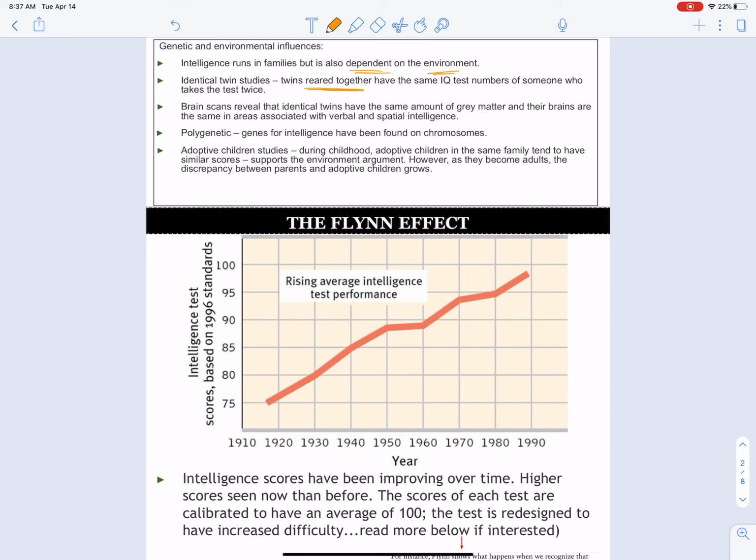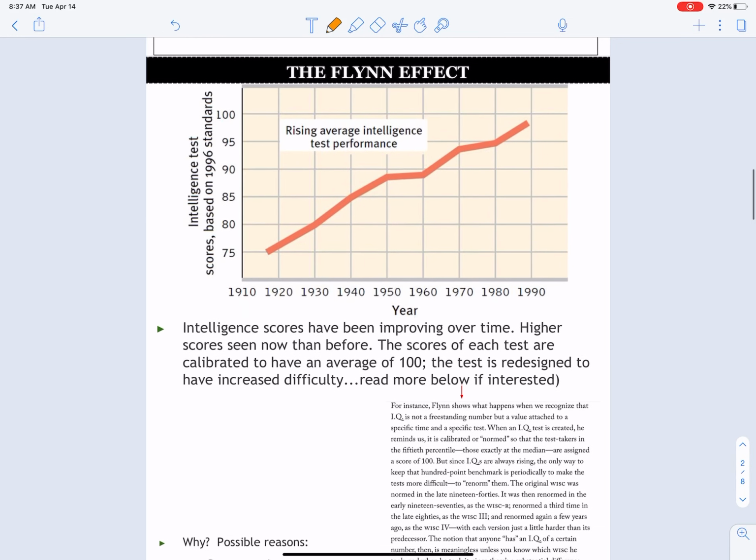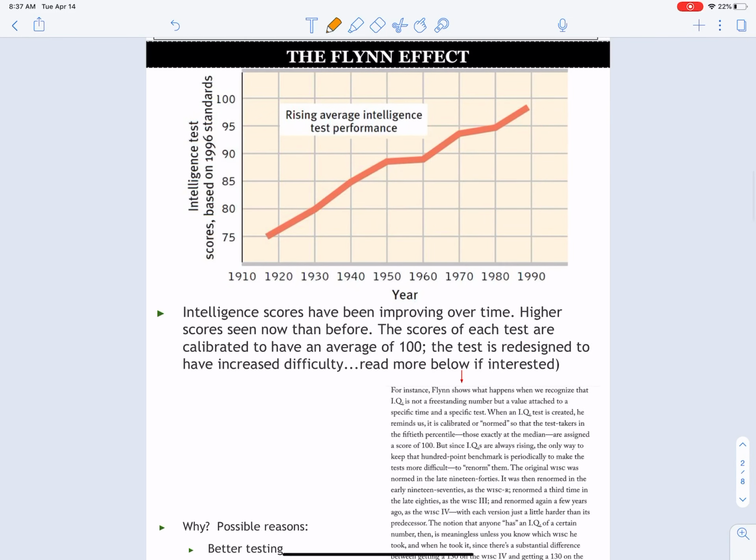Okay, so we also can see that brain scans reveal that identical twins have the same amount of gray matter in their brains, and intelligence is polygenic, which means that there are multiple chromosomes that have genes for intelligence on them. Okay, so it's not just one chromosome that's responsible for your intelligence. And then adoptive children. We know that adoptive children resemble their adoptive parents in intelligence as they're growing up, but once they leave the home, the difference in their intelligence scores actually gets greater.